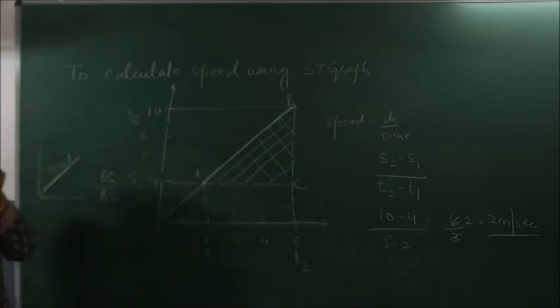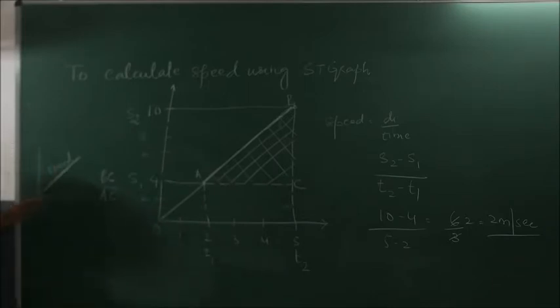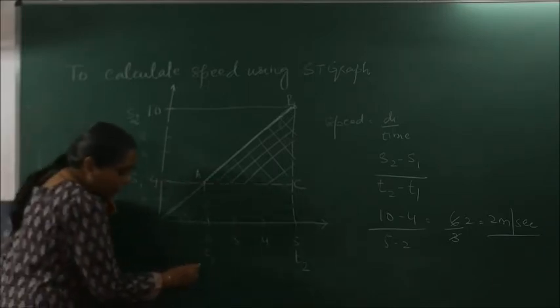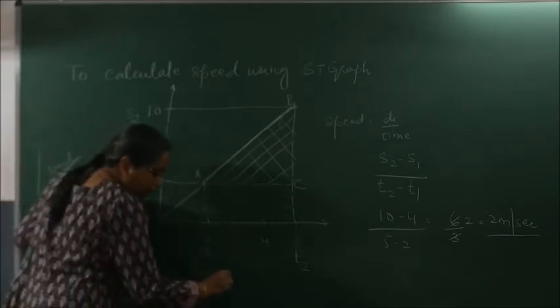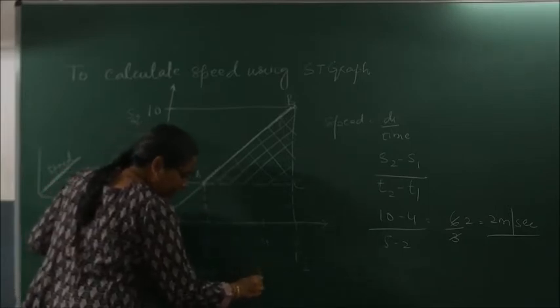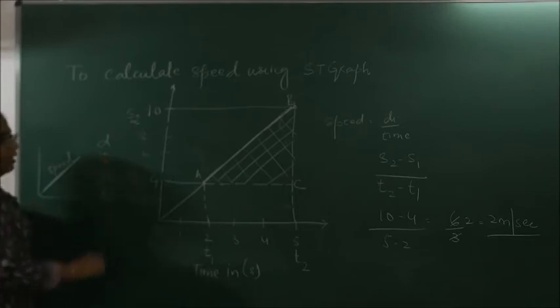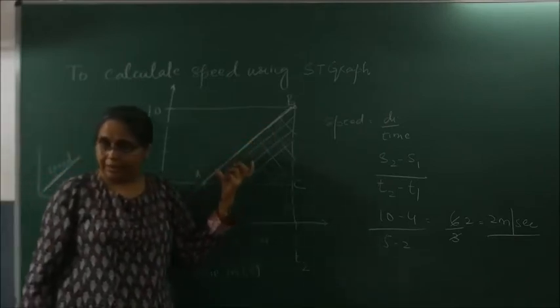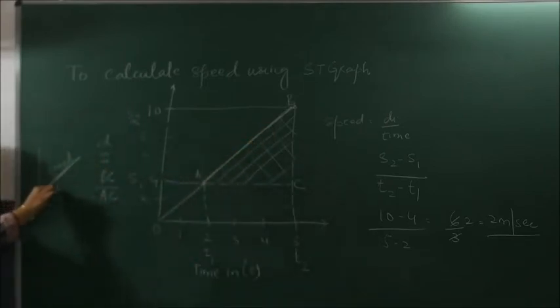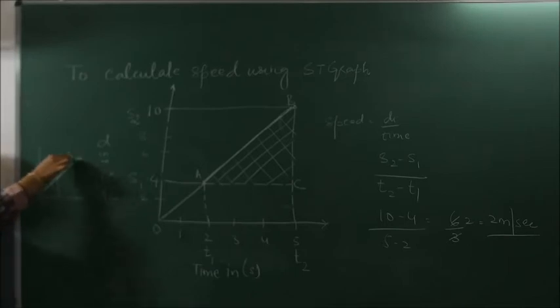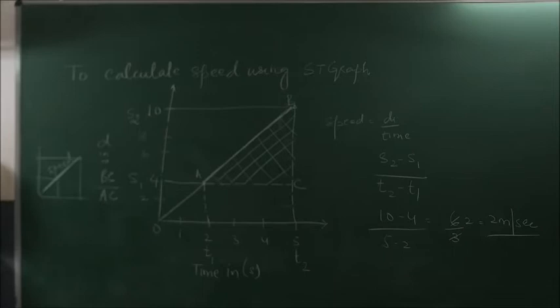Okay. So always understand, if I plot a graph with time on the x-axis and distance on the y-axis, whichever points they give me, I have to draw a perpendicular on the x-axis and also a perpendicular on the y-axis.